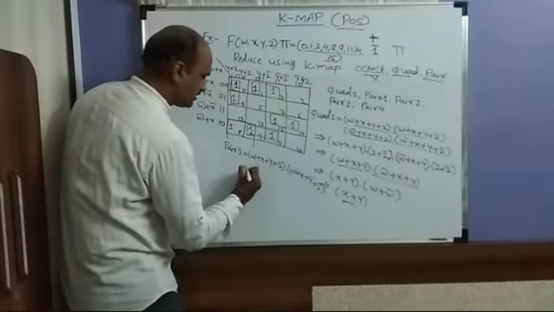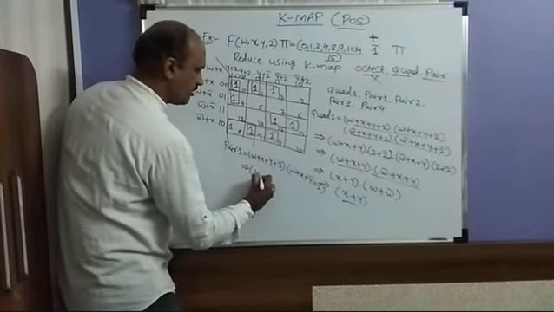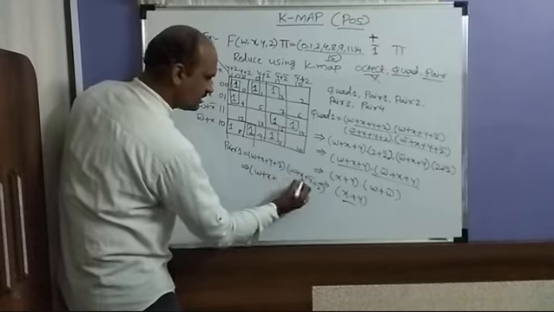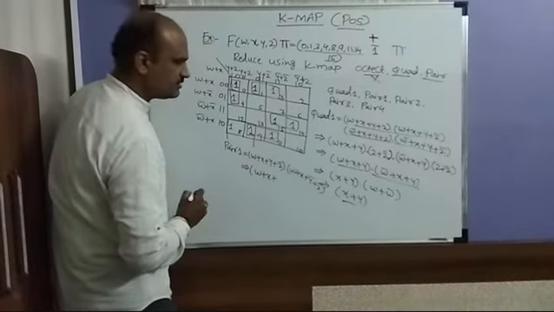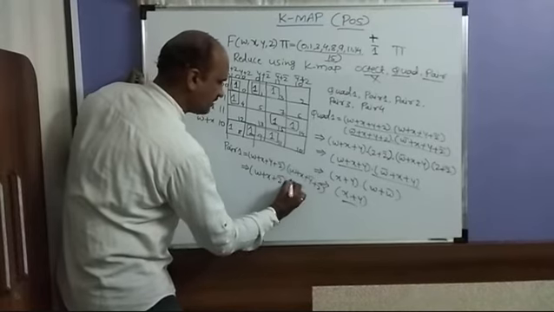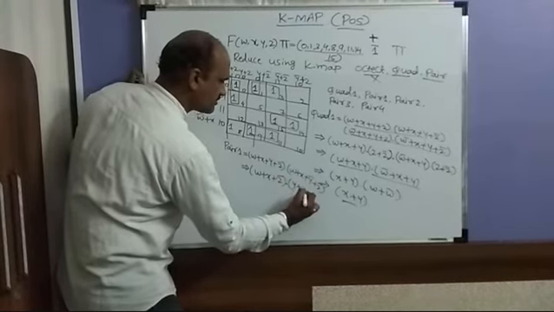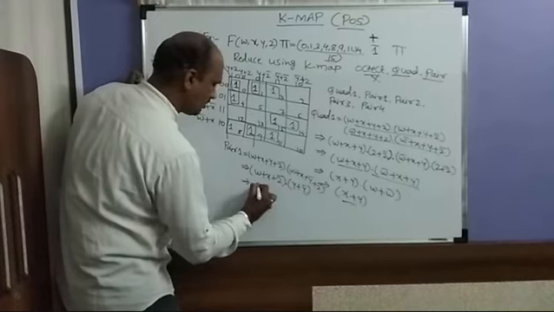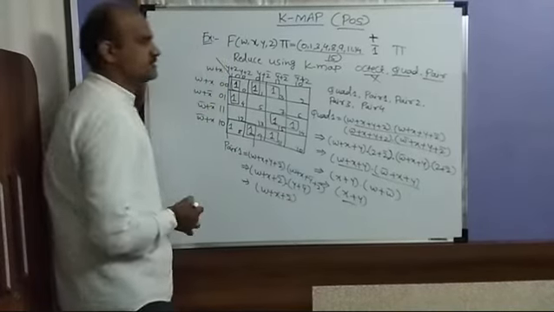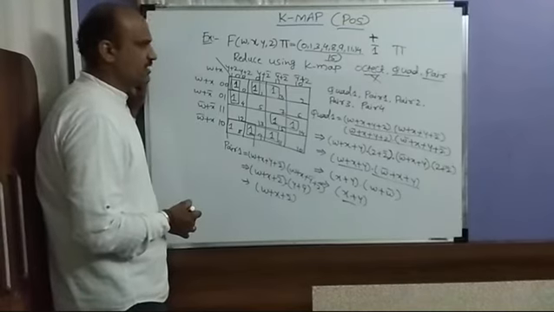Okay, so again take the common, w is common, x is common, z bar is common. So remained is y plus y bar. So y plus y bar is 1, so it becomes w plus x plus z bar. Okay, this is the pair 1.